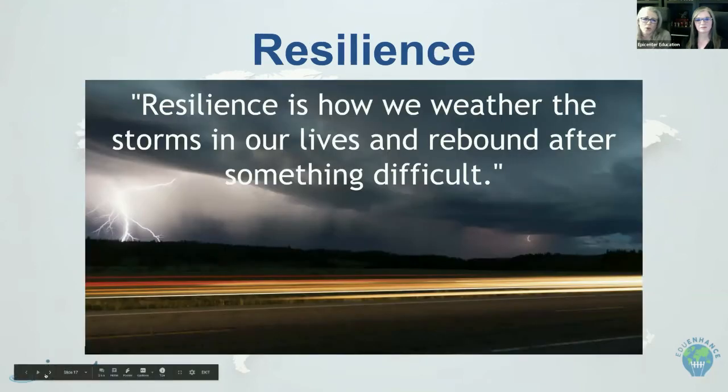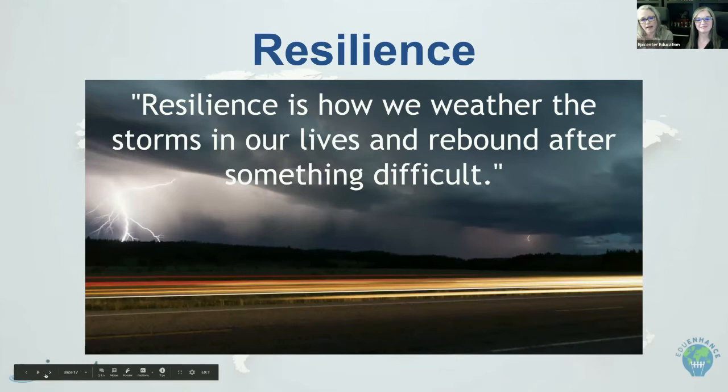Resilience is how we weather the storms in our lives and rebound after something difficult. When something negative happens, or we experience a challenge, like we just did at the beginning of this presentation, there is a moment when that challenge happens. There is a moment between the challenge and our reaction.